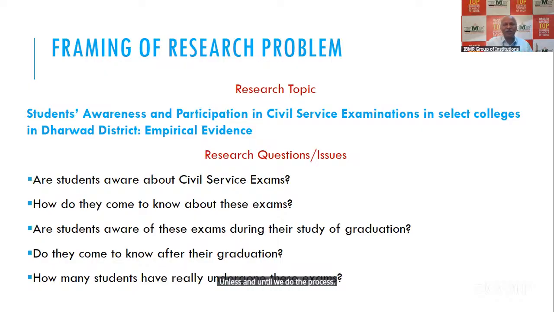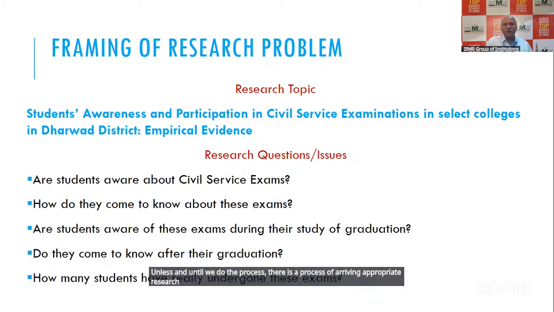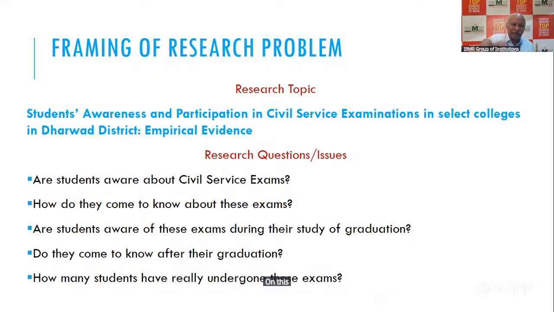There is a process of arriving at appropriate research objectives. The first step is to give work to the mind: start thinking on this particular research problem and raise questions, raise issues.